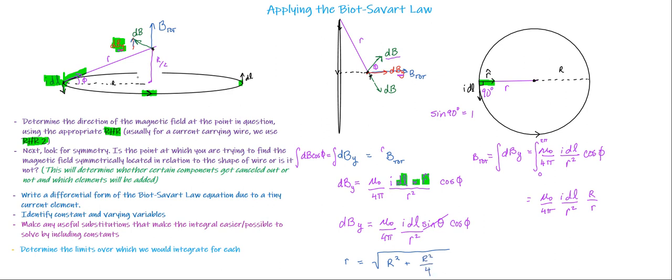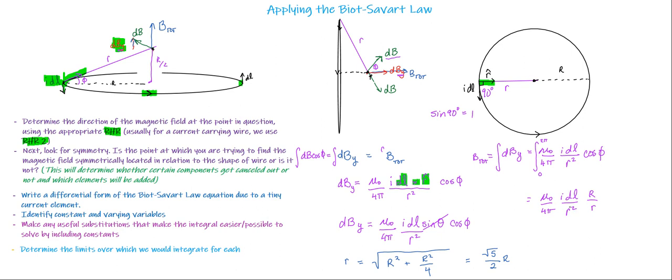Okay, so that would be this length over here. And if I do some simplifying here, what I find is this would be 4R squared over 4 plus R squared over 4. And what I end up with then is root 5 over 2 times R. Okay, so this is the value that I can put in here.